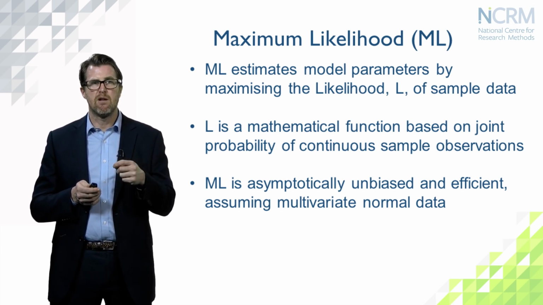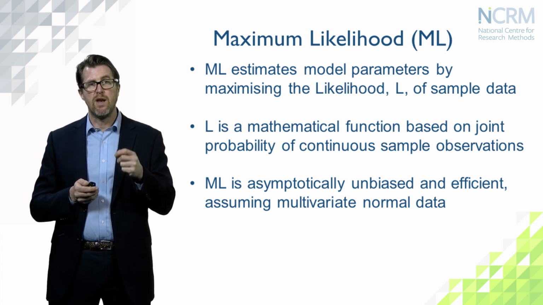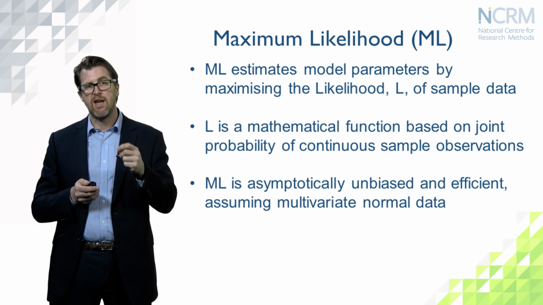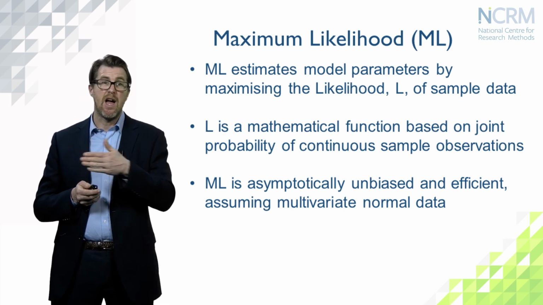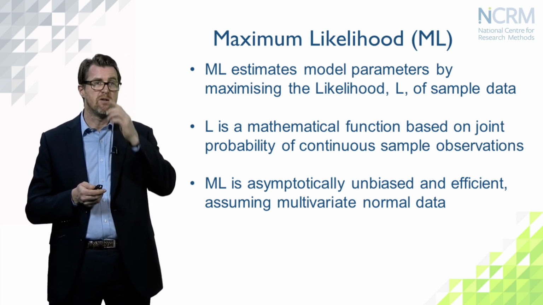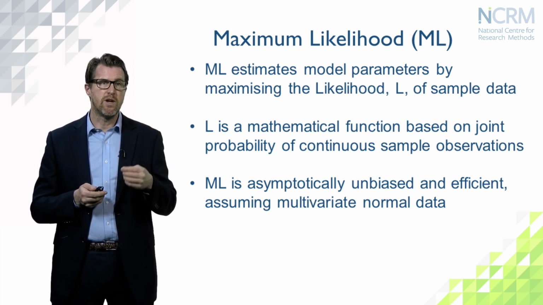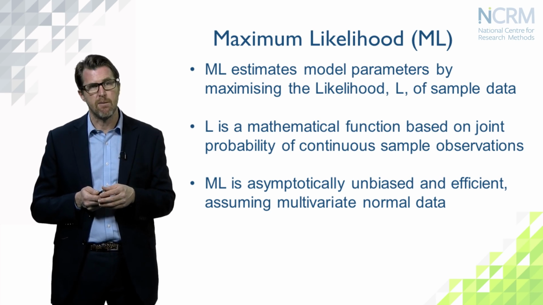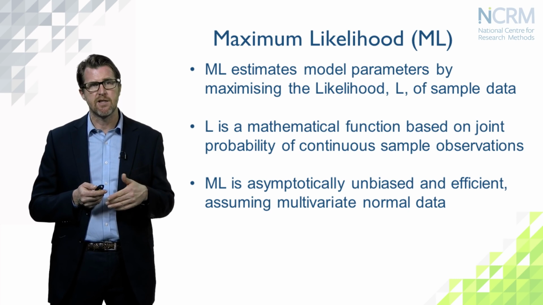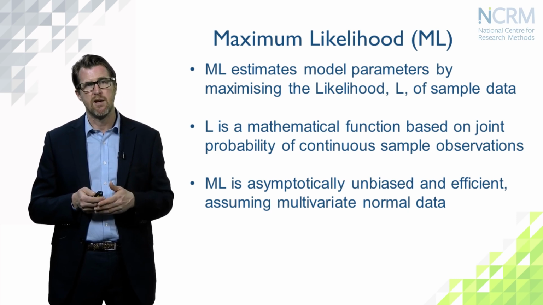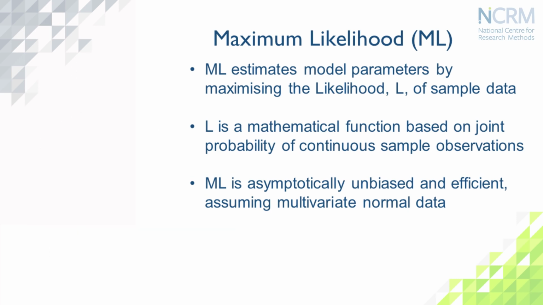So maximum likelihood is less good when we have variables in our data set that are not continuous and that we have arrows pointing into. In those situations, we need to use different estimators. But for now, I'll be focusing on the simpler case of multivariate normal data and maximum likelihood.